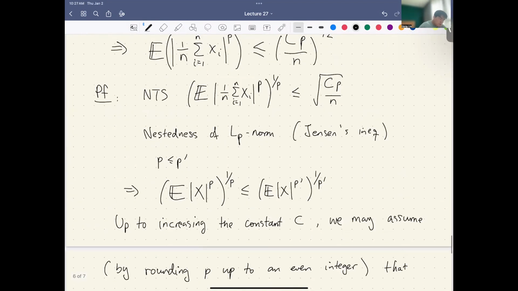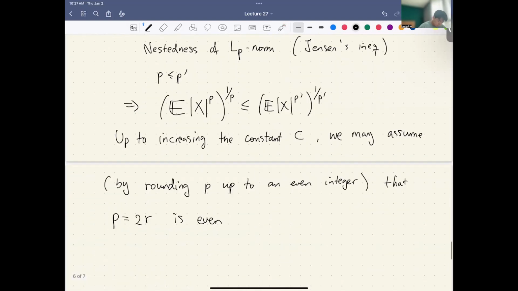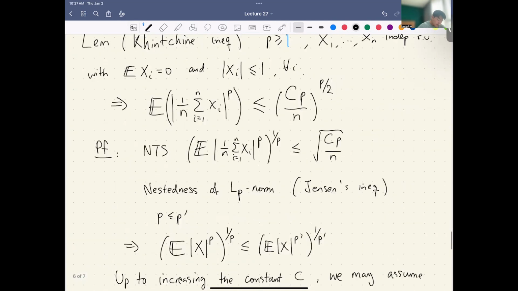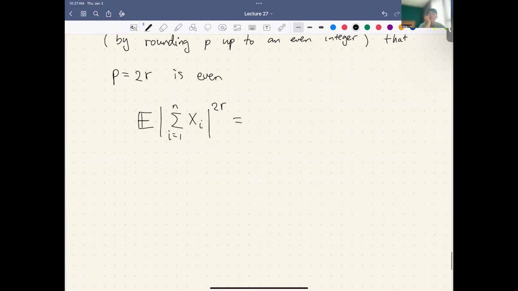Now let's write down the thing we want to prove. We want to bound the pth moment, right? So the expectation of the pth moment of the sum of xi, i from 1 to n. The pth moment is the 2rth moment. Since P is 2r, an even number, the absolute value we can change to just parenthesis.